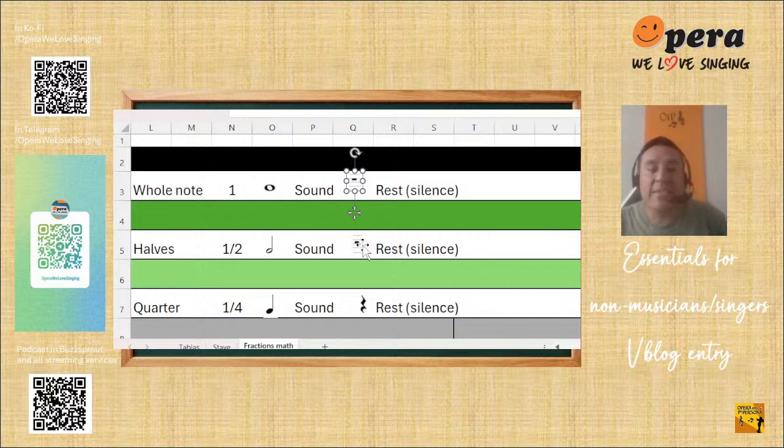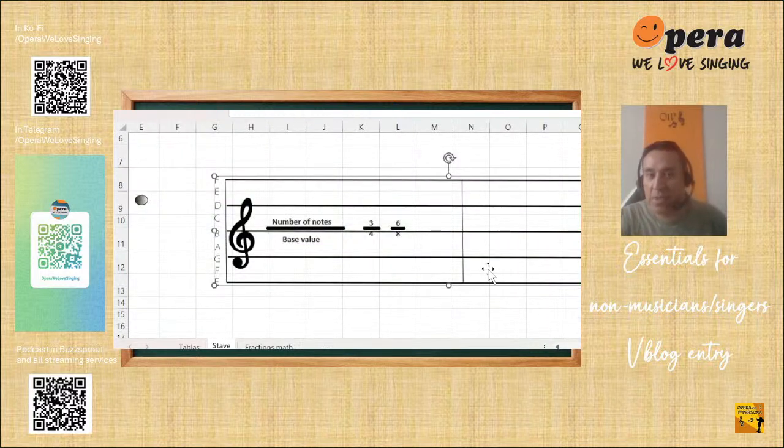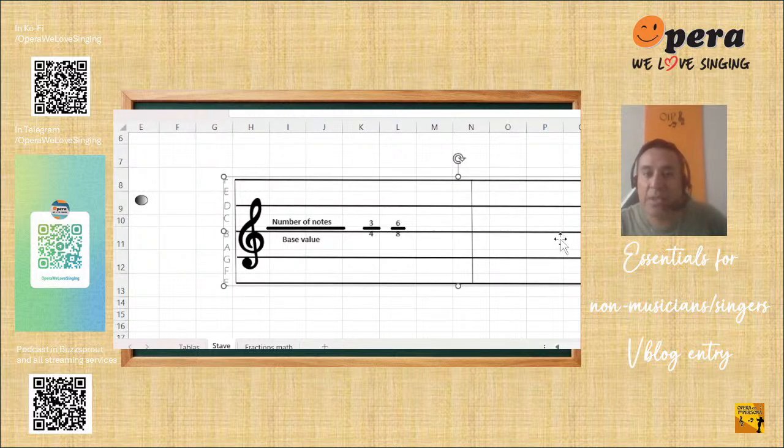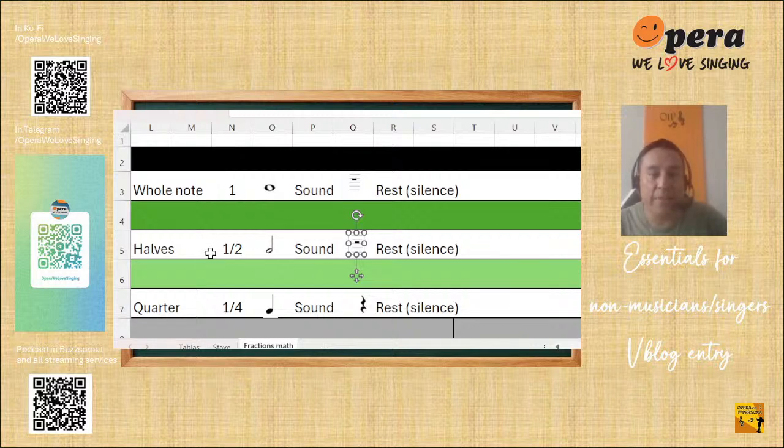If you want the silence of a half, you're going to use the same solid line, but instead of placing it below any of the lines in the stave, you're going to put it on the upper side. If you put it over, then it is the silence of a half.